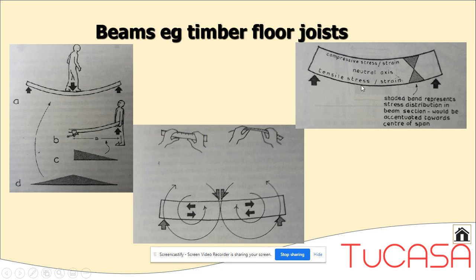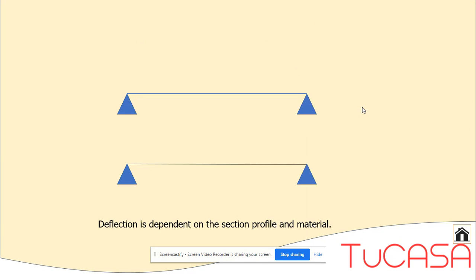And in this illustration, top right, you can see the relationship between the compressive stresses on this timber beam and the tensile stresses in the lower part of the section through the timber beam. So we've got to design for and allow for these different stresses and deflection that occurs in, let's say, floor joists as a typical example of a beam.